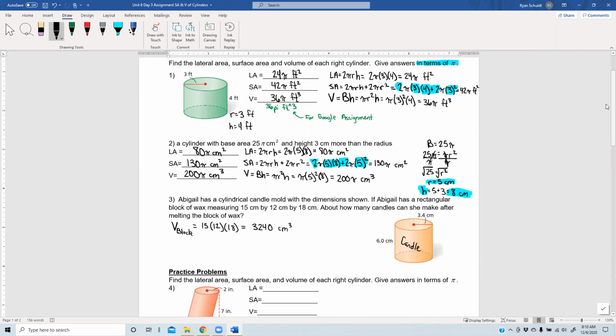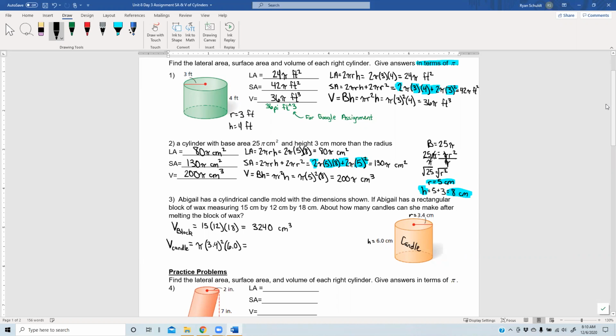Now, we need to get the volume of her candle. So 3.4 is the radius, 6 is the height. So we're going to say pi times r, 3.4 squared, times the height, which is 6.